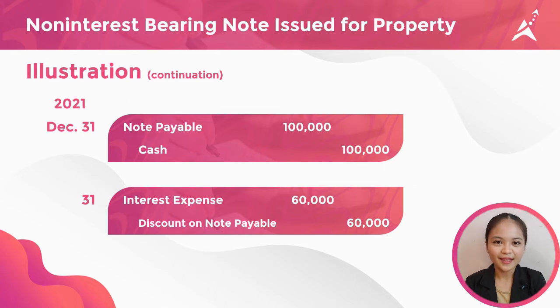Because the balance of note payable is 400,000 pesos and it was mentioned in the problem that this balance must be paid in 4 equal annual installments. Next, to record amortization for the discount for 2021, we will debit interest expense for 60,000 pesos and credit discount on note payable for 60,000 pesos as well.